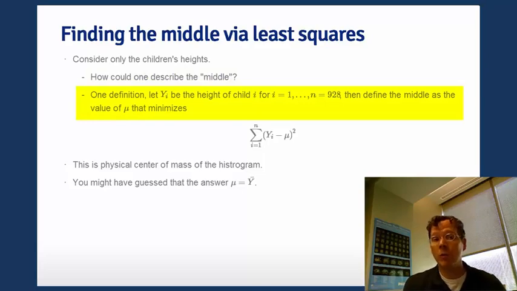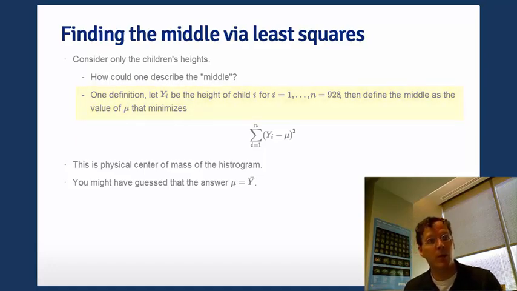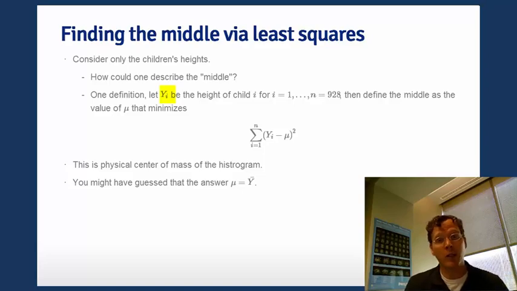I'm going to go through a little bit of the notational mathematics, and if that isn't your thing, then wait just a minute and we'll go through a sort of physical experiment to explain it visually. So for the mathematics, let y_i be the height for child i, where y_1 is the height for child 1, y_2 is the height for child 2, and so on.